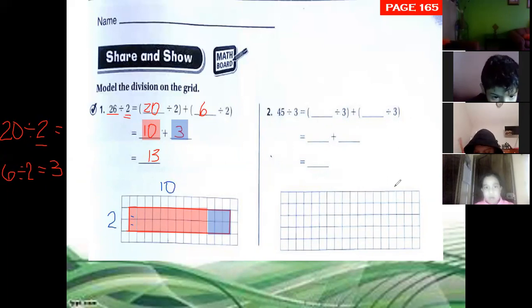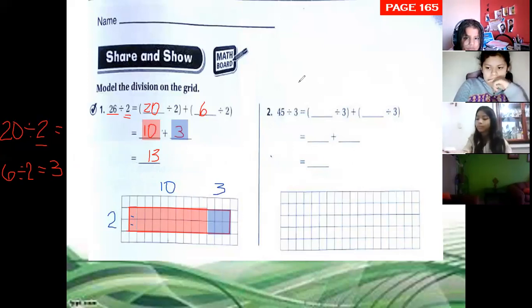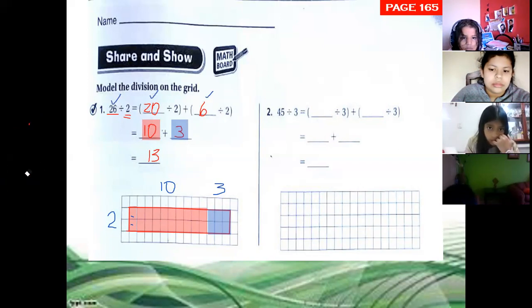How many columns in blue? 3, exactly. This becomes a multiplication. 2 times 10, 20. 2 times 3, 6. And 20 plus 6, 26. Okay? So like that. Everything is related.